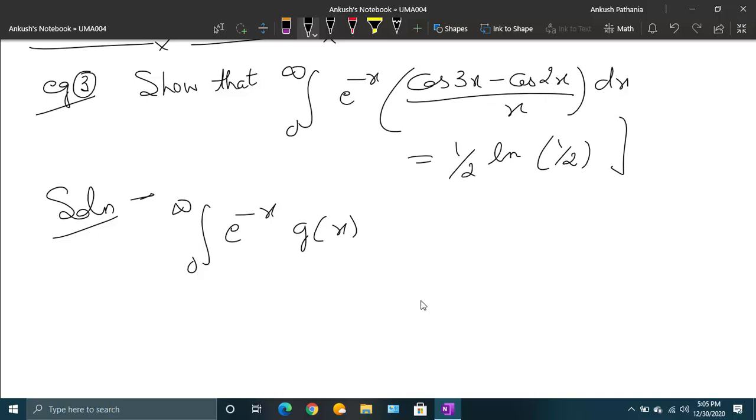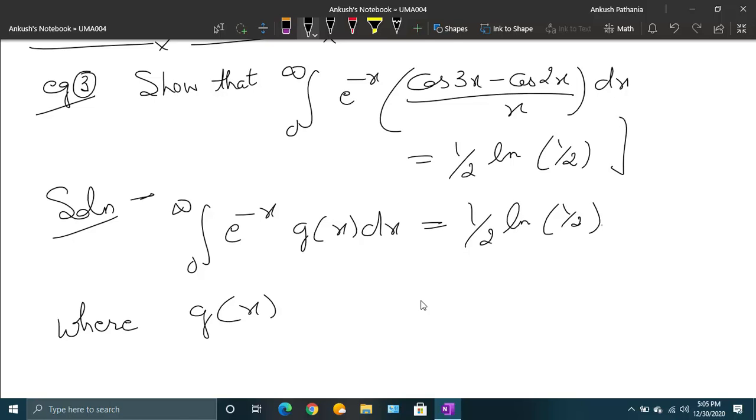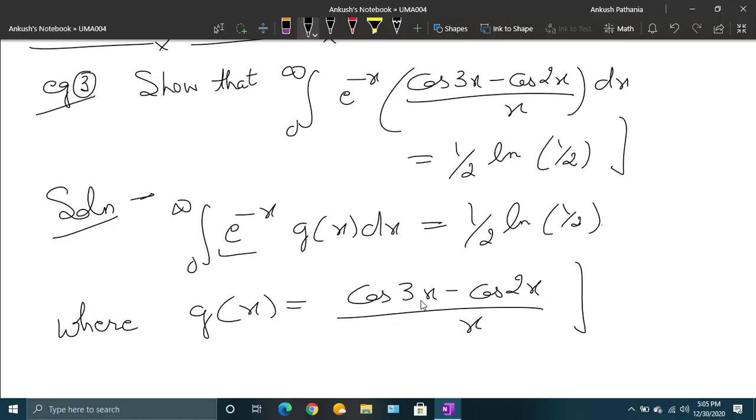So this question is something like the integral from 0 to infinity of e raised to power minus x g(x) dx is equal to half ln 1 by 2, where g(x) is equal to cos 3x minus cos 2x upon x. I could have also taken e raised to minus x itself with this, but it is better that I leave e raised to minus x separate, because then it will simply be putting p equal to 1.